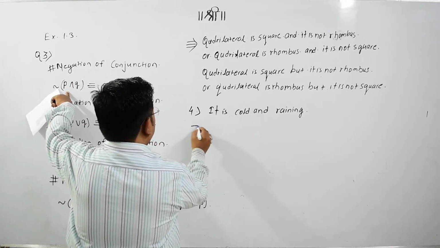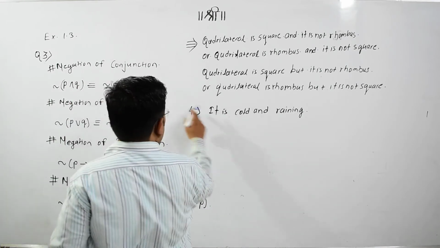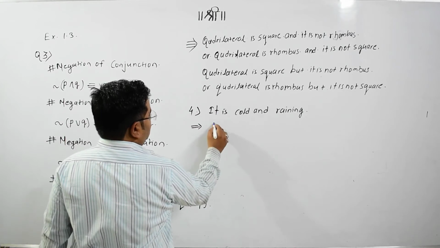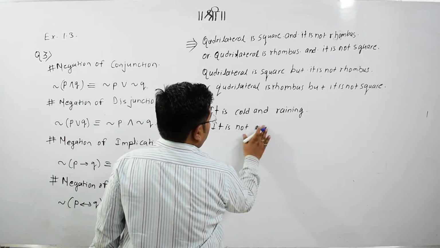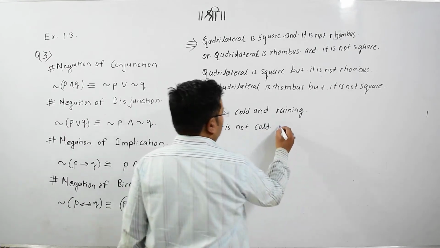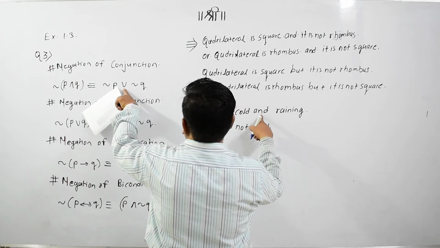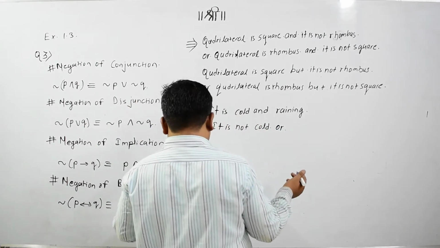The negation of conjunction is simply is what? It is not cold. So negation of P. Negation of P will be it is not cold. Next, here instead of and we need to use or, what will it be?